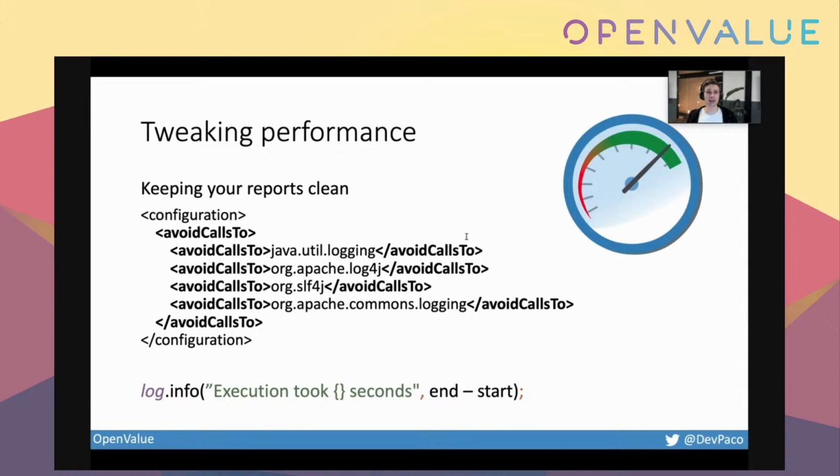By default, PIT actually already doesn't generate mutants for calls to the major logging frameworks, but you might want to extend this list with, for example, a custom logging framework, or some metrics logic or extraction, which you do not deem relevant enough for unit tests. That at least, again, saves you quite some noise in your reports.